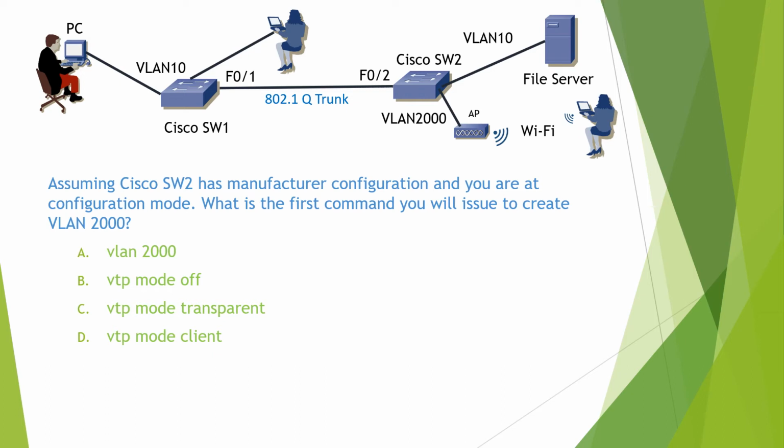In order to create an extended VLAN, we have to either turn off the VTP mode or set it as transparent mode, and the default manufacturer configuration for VTP is server mode, which prevents us from creating the extended VLAN. Therefore, the first command we need to issue is either B or C.